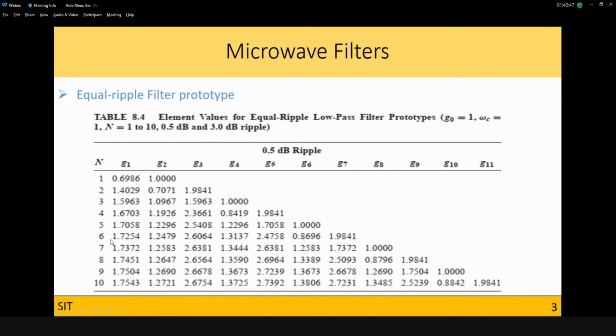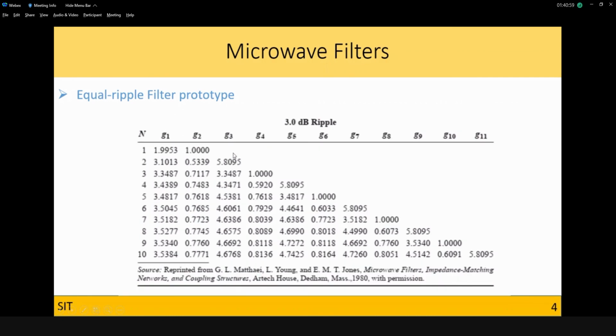Based on the order of the filter we take the values, only if we have the specification of 0.5 dB ripple; otherwise we cannot take this table. If we specify the ripple level as 3 dB, then you can take this value. These are all the values for the 3 dB ripple level. We design the filter for one particular ripple level, and then you can apply it to other ripple levels also. So this is the table.